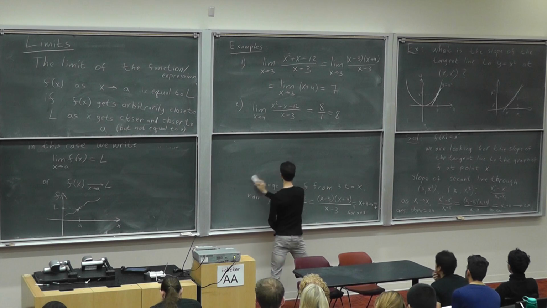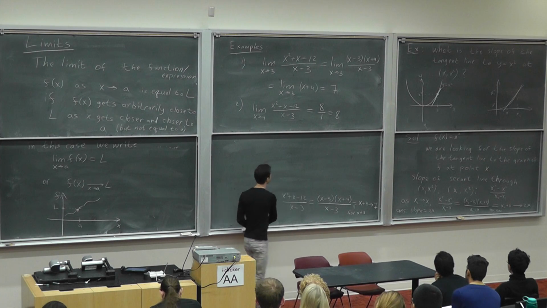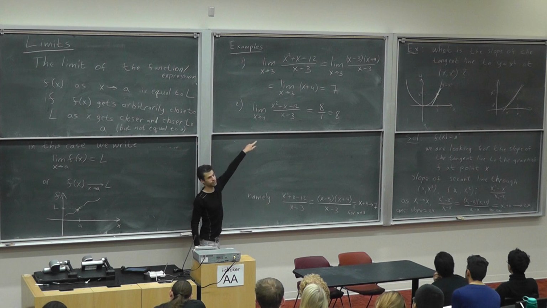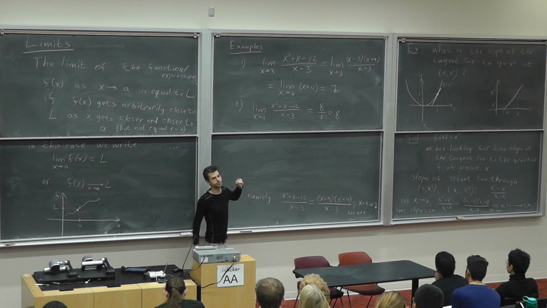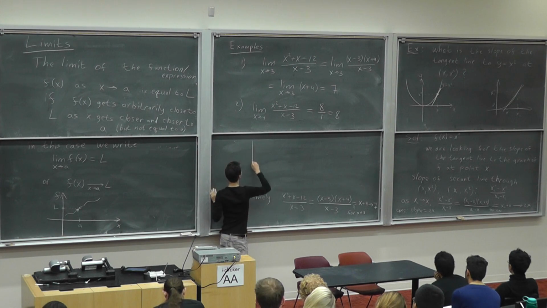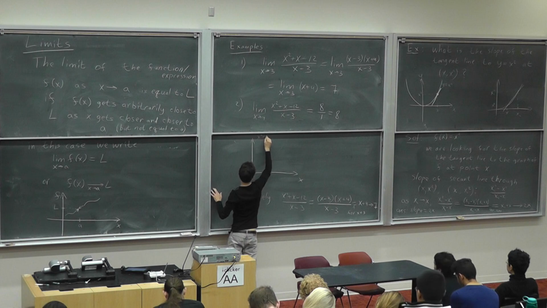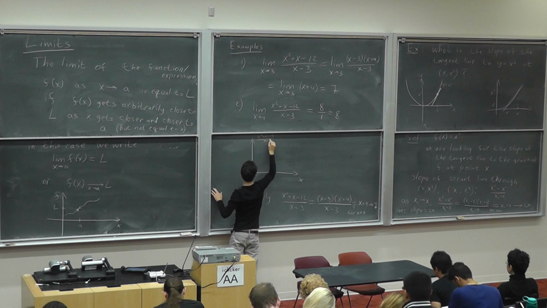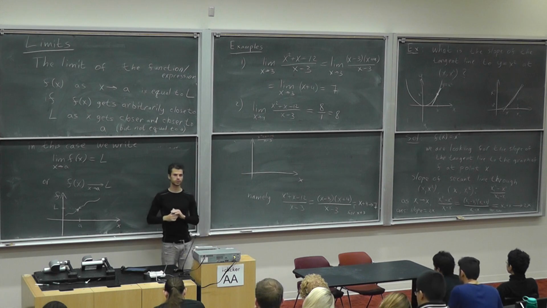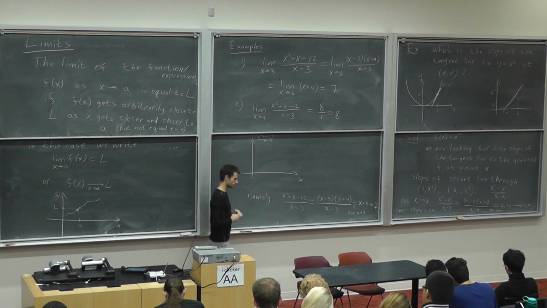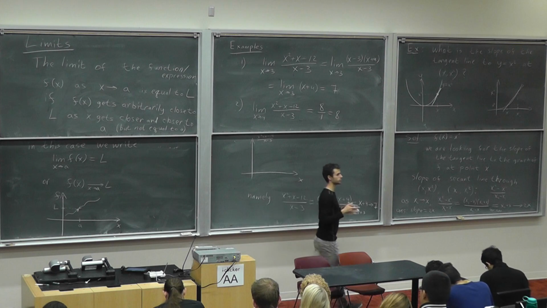By the way, what is the graph of this function? x squared plus x minus 12 over x minus 3. So what is the shape of this graph?